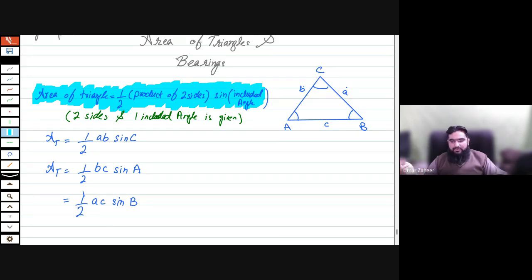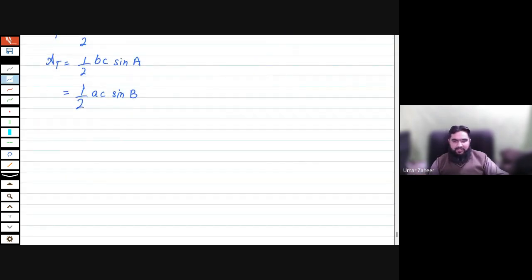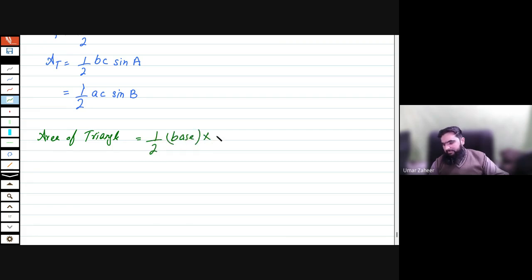If you have this information, you can easily find the area of a triangle. The other formula that we use to find the area of a triangle is area of triangle is 1 by 2 base multiplied by height. You have to use this formula when the base and the height are given.